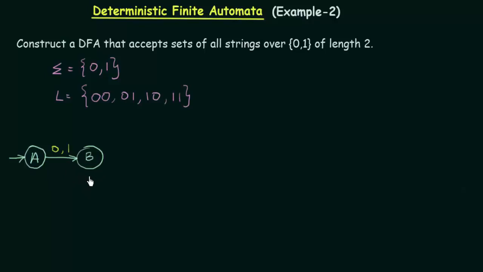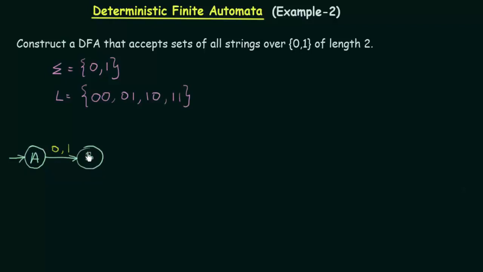The length of my string is 1. Why? Because I was in state A and I just came to the next state, so I got input either 0 or 1. So the length of my string is 1 at this point in B.